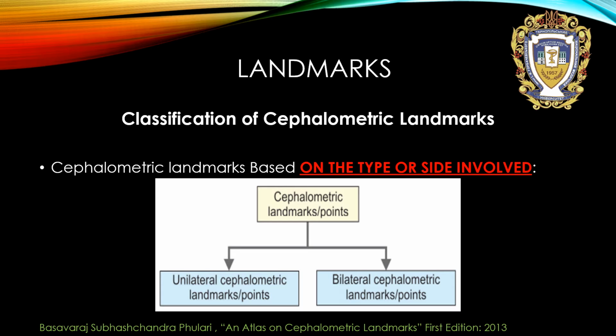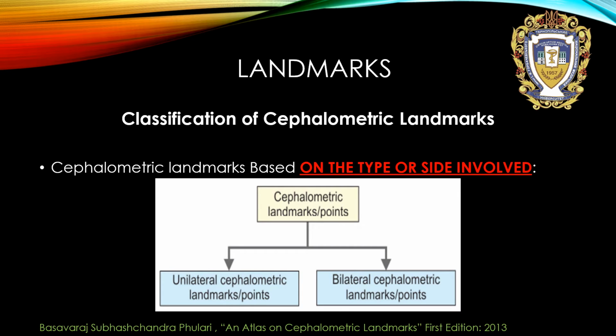Then, the next group of classification: cephalometric landmarks based on the type or site involved. According to this sign, cephalometric landmarks can be unilateral or bilateral.